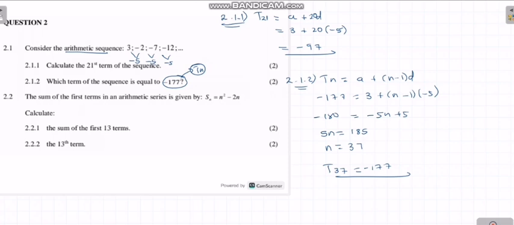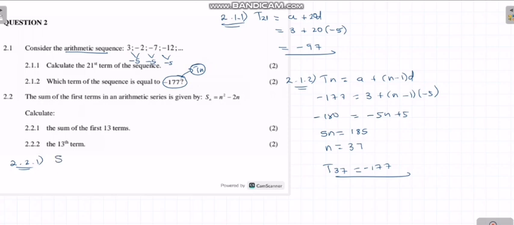Okay, so now let's check if you still remember this question. They're saying the sum of the first n terms in an arithmetic series is given by Sn equals n squared minus 2n. Now the first question, 2.2.1, it says calculate the sum of the first 13 terms.